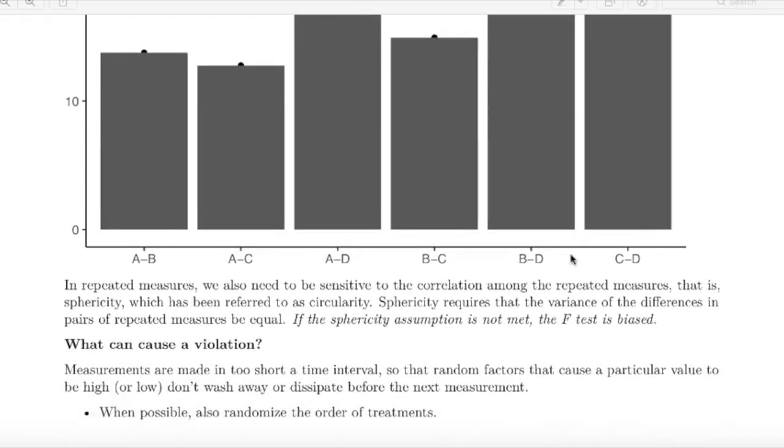What can cause you to violate that assumption? In the old days, when I learned this procedure, they would tell us to have it spaced out, especially if they were treatments, you want a respectable amount of time between the treatments. I'm not sure if there has been any newer research about what's the best recommendation.